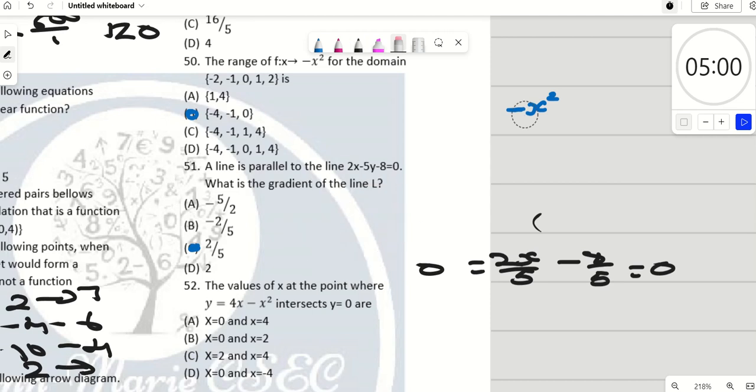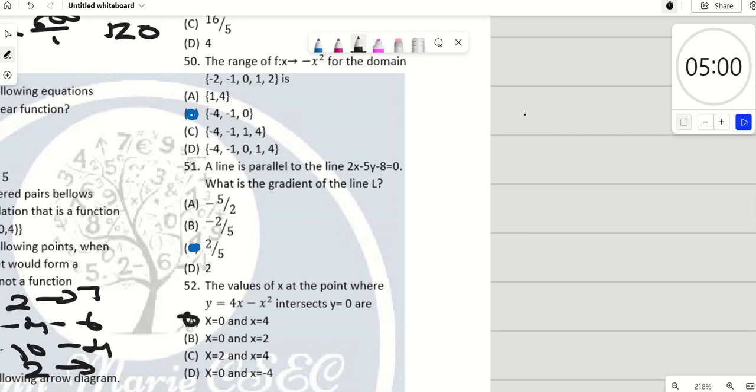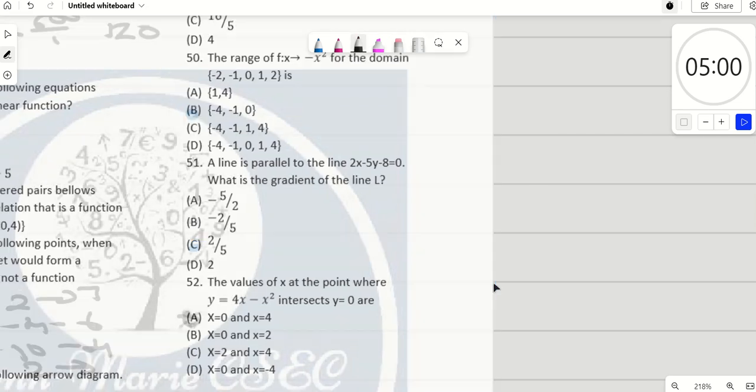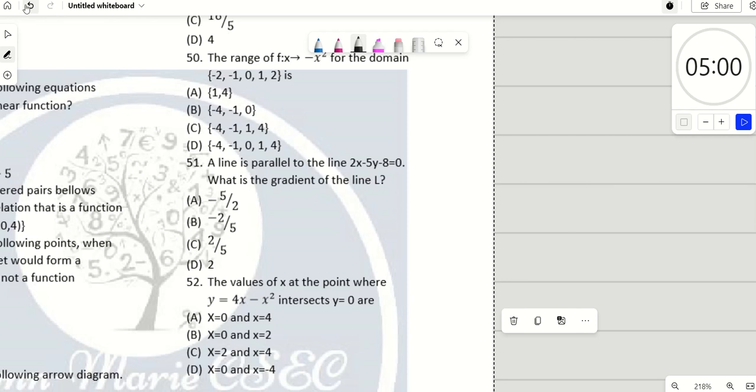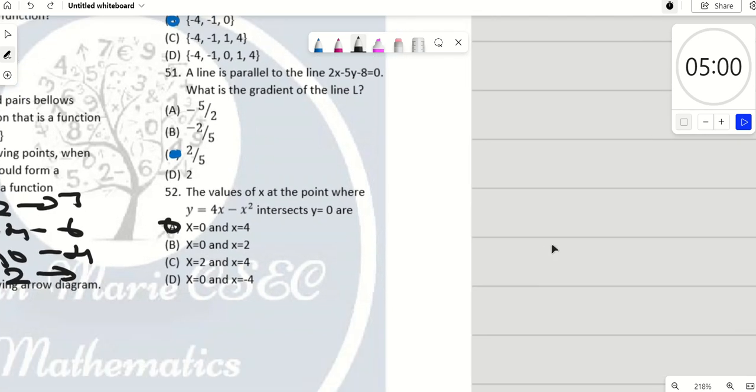Then if we look at 52, the answer is A, right? Why we made this equation the subject: we made this equal to 0, right? So when you make that equal to 0 and you see that we have x squared and x, right? We tend to factorize.